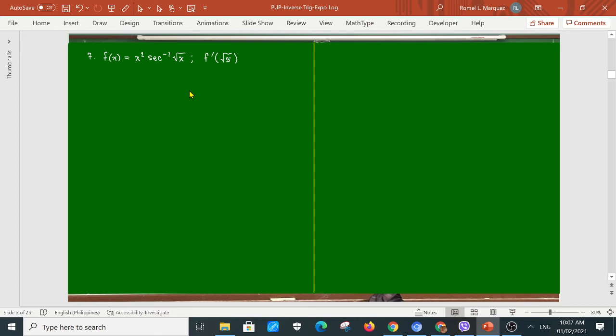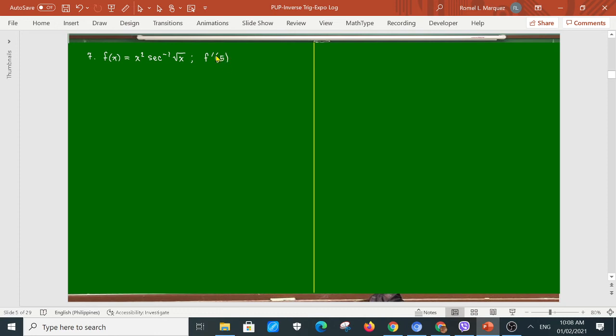Let me see, wait. We'll have square root. I think we have 4. Kung 4 siya, square root of 5 minus 1. Dapat 5. 5 minus 1, 4. Oh, or 5 na nga. Let's see what happens if it is 5.